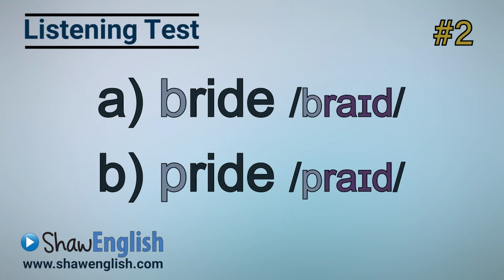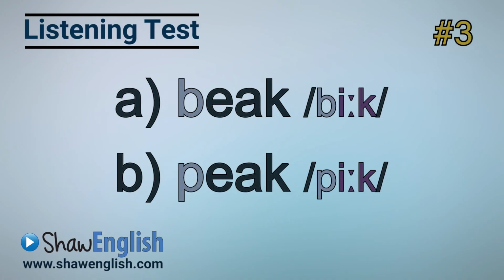Okay. What about now? Bride. Bride. Is it A or B? It's A. Bride. B is pride. And then beak.